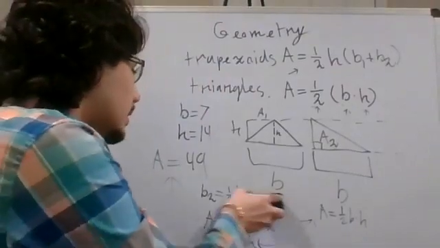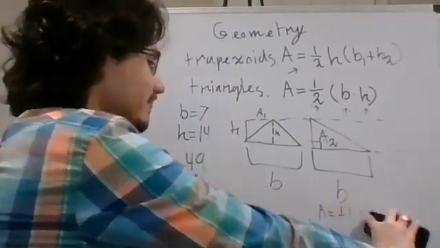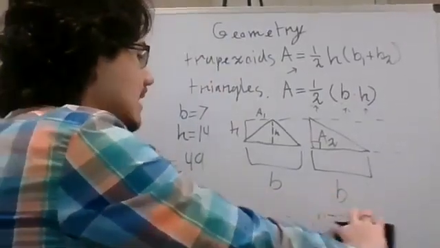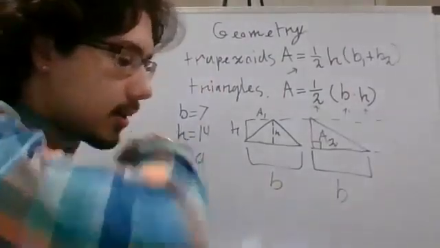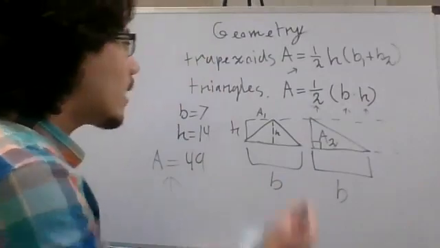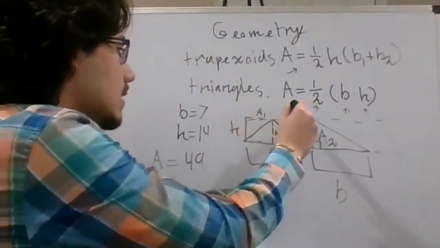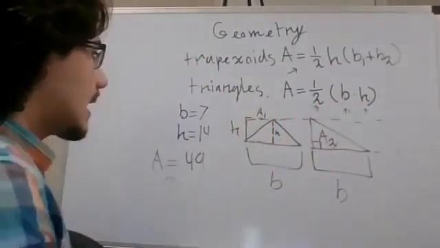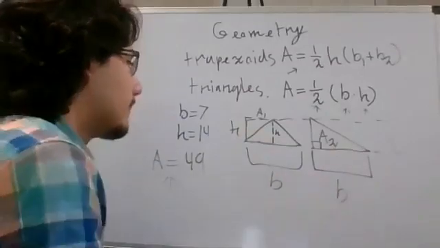What I would like you to see in our model is that the areas are the same for two simple reasons. One, we said that our heights are the same and our bases are the same as we drew them.